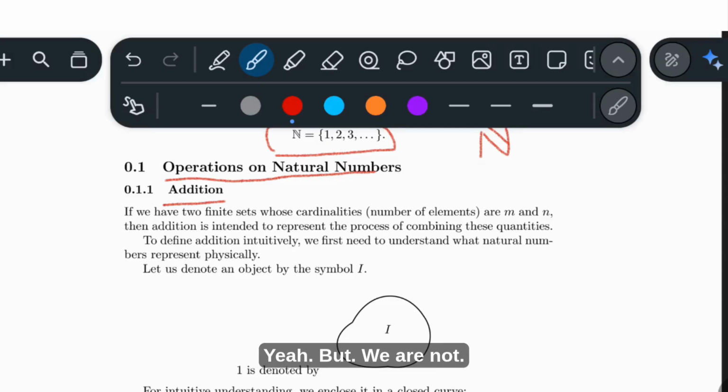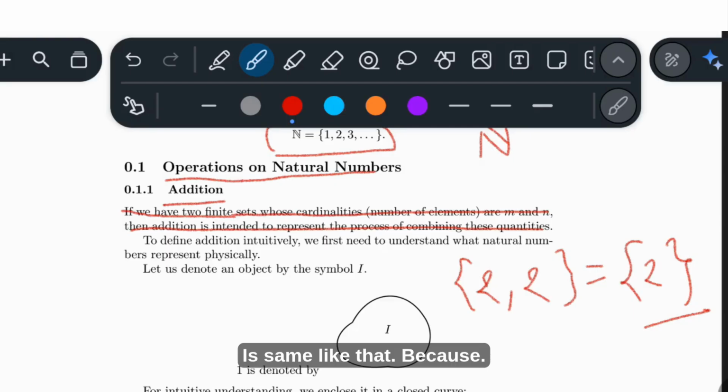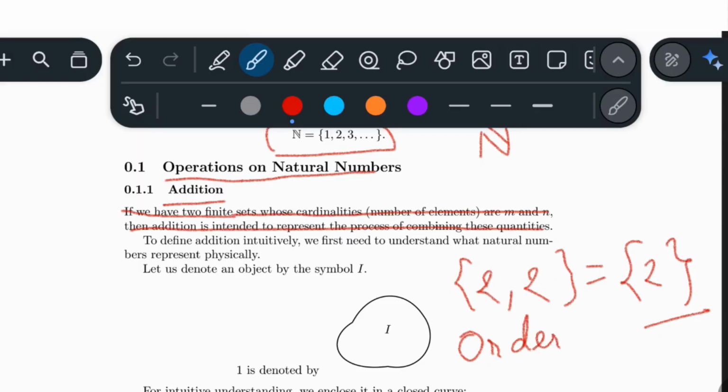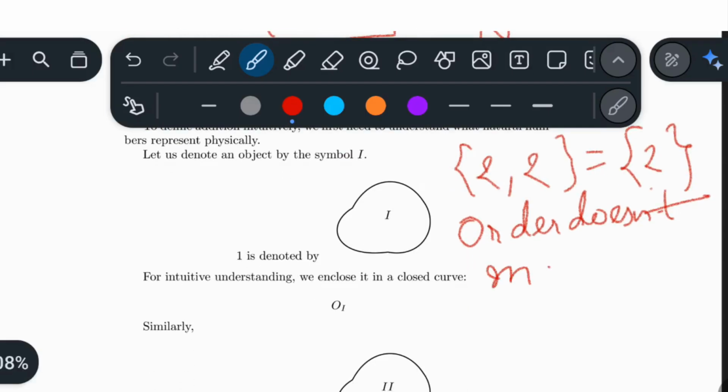Yeah, but we are not dealing with such kind of things, because in a set this representation is the same, because in a set order does not matter.